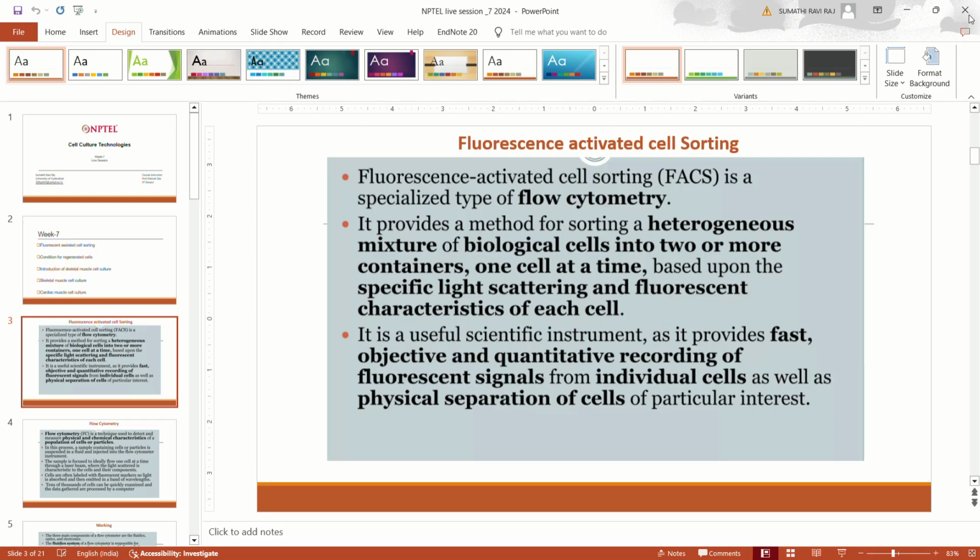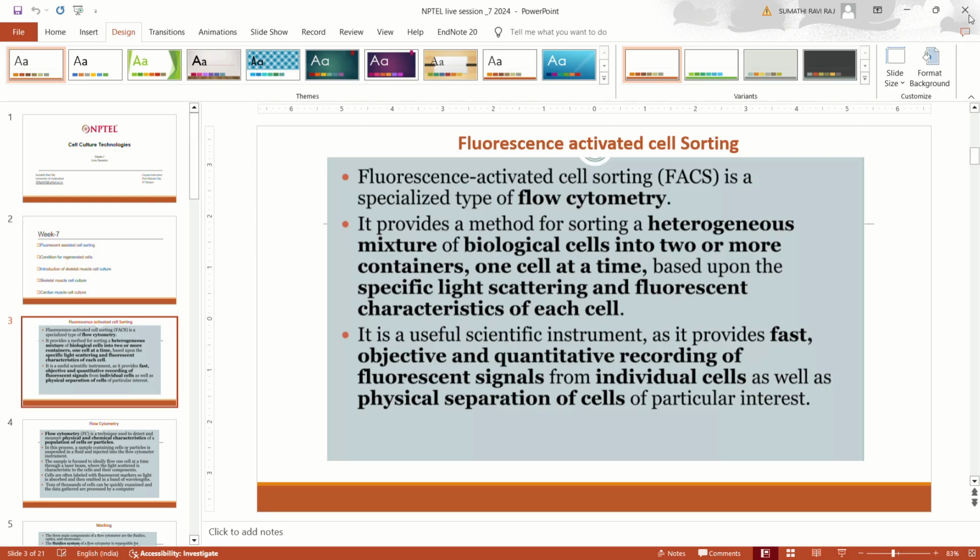So the sample preparation needs to be done very rigidly, very skillfully and very particularly, so that you have every cell in isolated form in your sample or in your media, so that clumping of the cells does not occur, and individual cells can be easily separated. Because it is one cell at a time.